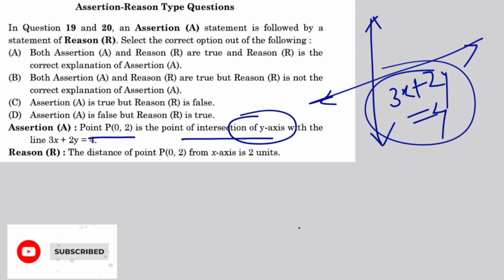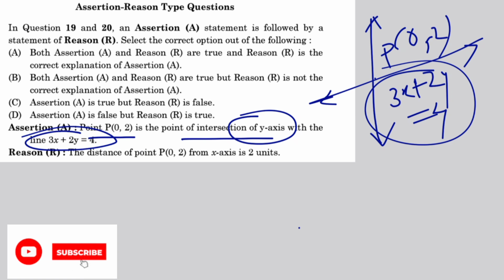We consider that P is the intersection point of the y-axis with the given line, so obviously that point is also lying on the given line.